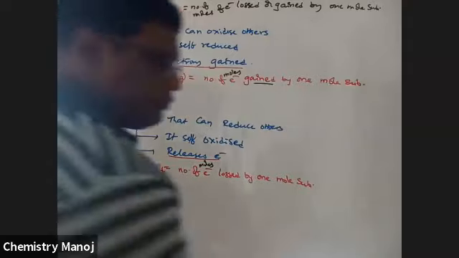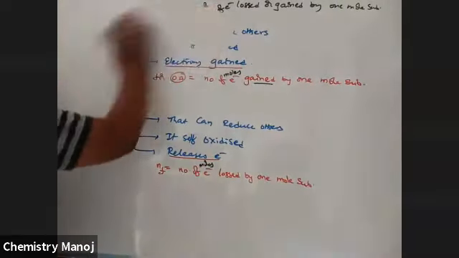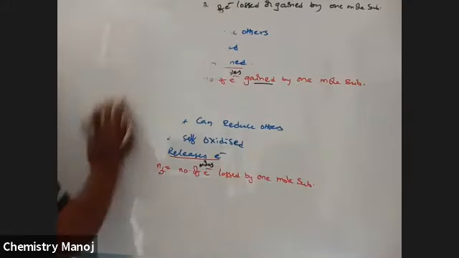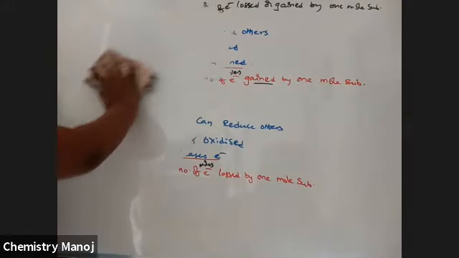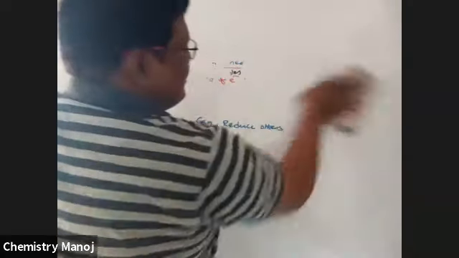So see here. The commonly used oxidizing agents are KMnO4, potassium permanganate, and K2Cr2O7, potassium dichromate.